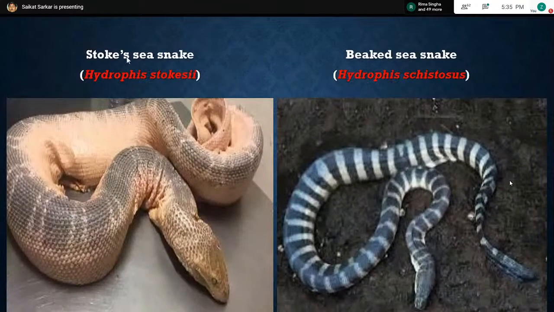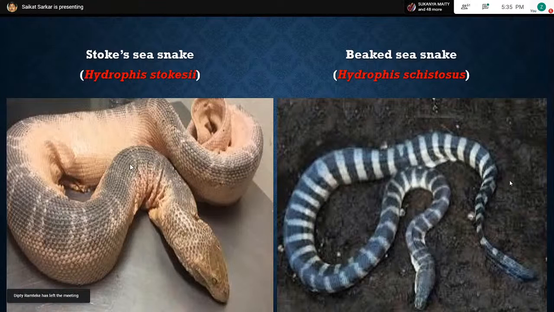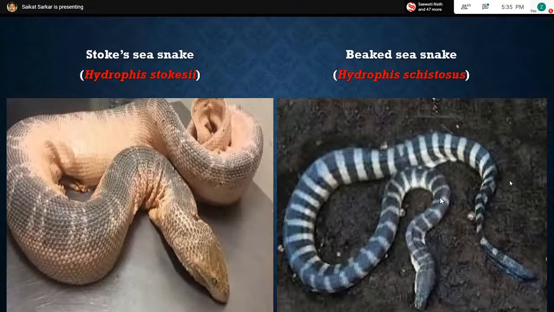This is Stokes or showcase sea snake. These are very, very bulky, maybe the bulkiest of all the sea snakes. Bagger moto onekta dekhte lage. Looks like a bag. Very bulky sea snake. And this is a big sea snake, very long sea snake, Hydrophis cystosus.